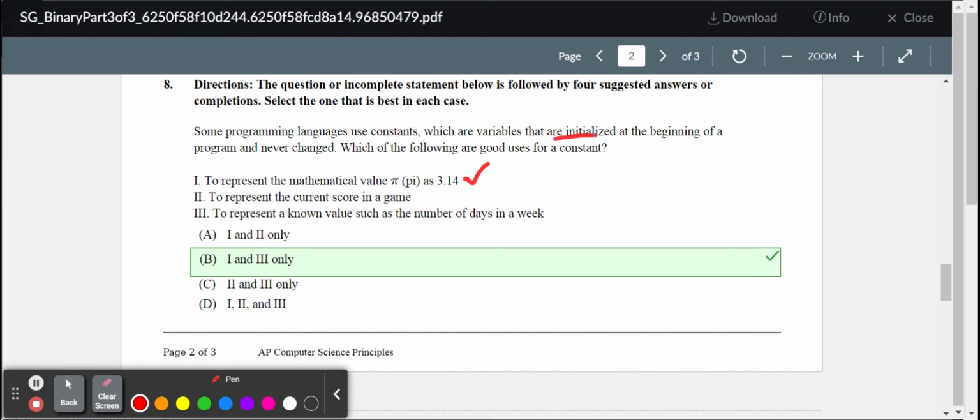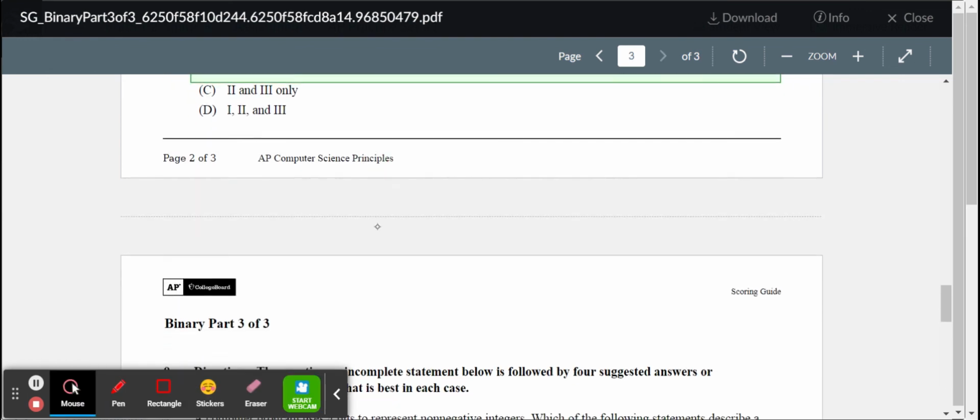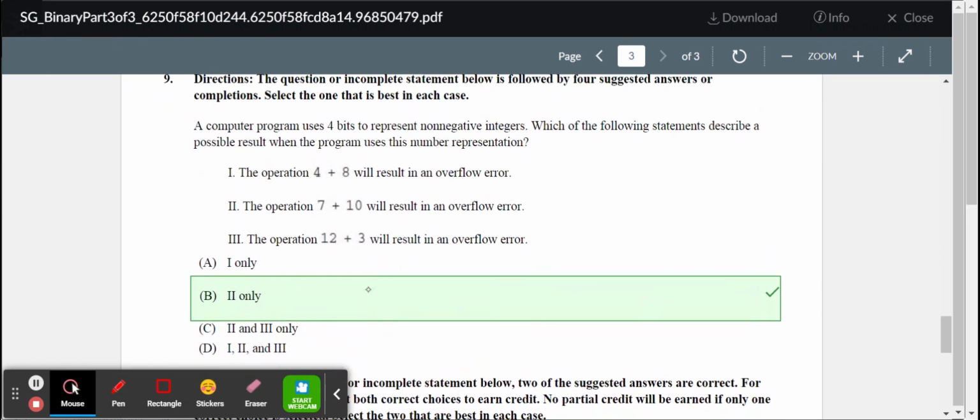Since constants are initialized at the beginning of a program and never change, the problem is the score of a game changes over time, doesn't it? So that would not be good. To represent known values such as the number of days in a week. That would be good. The number of days in a week is always 7, it doesn't change. So the key here is it never changes. That's why 1 and 3 is the right answer. Current scores can change. So no bueno.